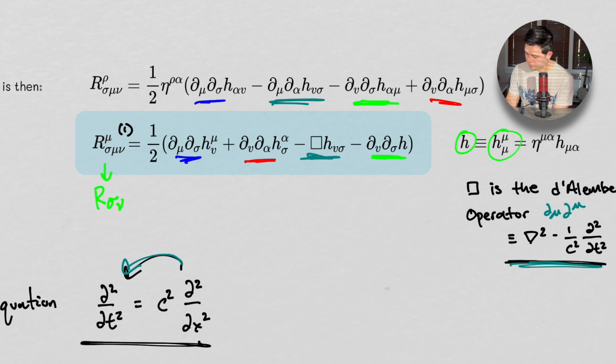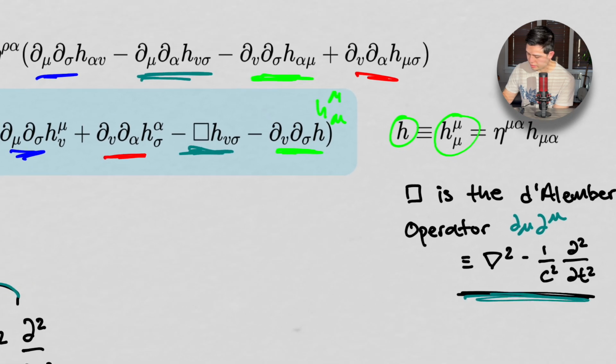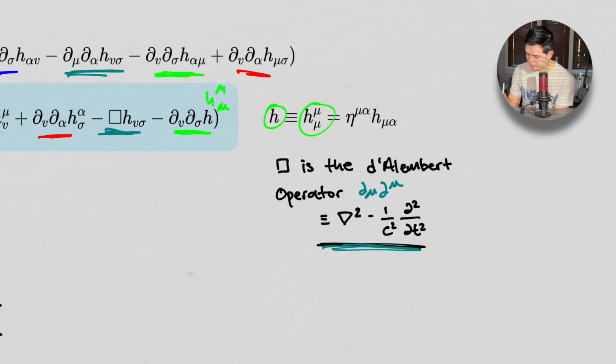So this h here is really mu, and so we're going to identify that as being the trace of h, which is how this is going to be defined. So whenever we have that h mu or alpha with one on bottom, one on top, that's the trace of h, okay?